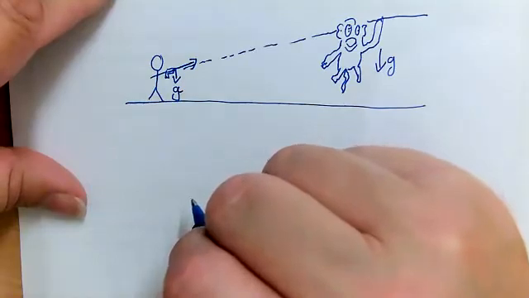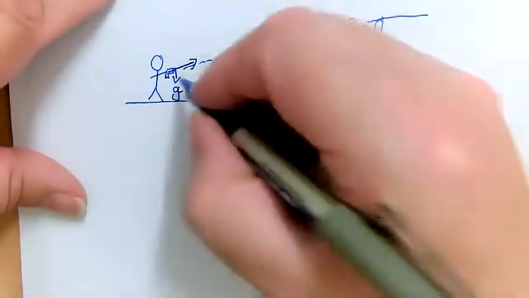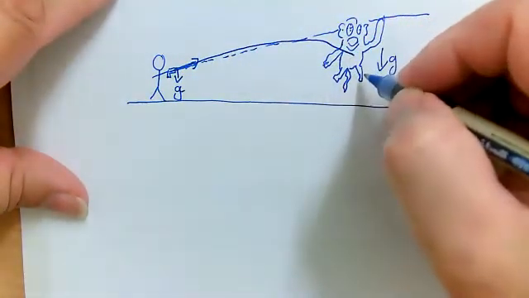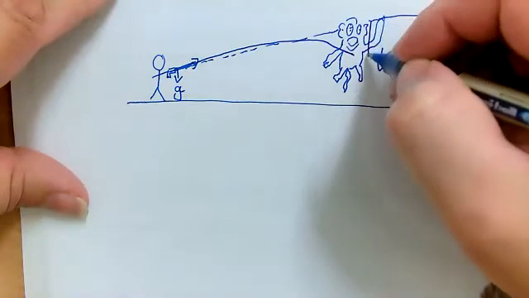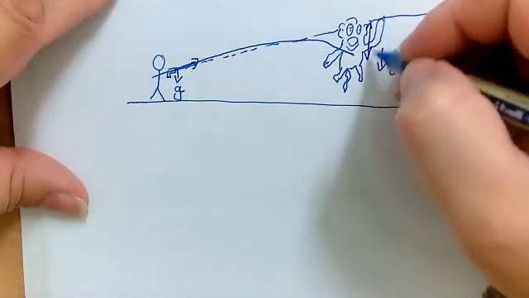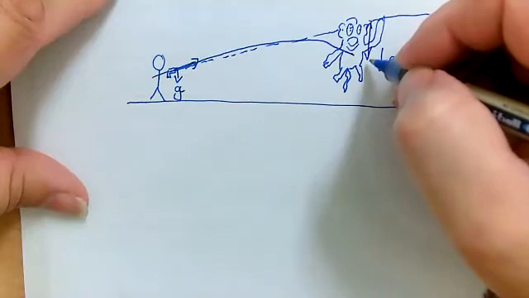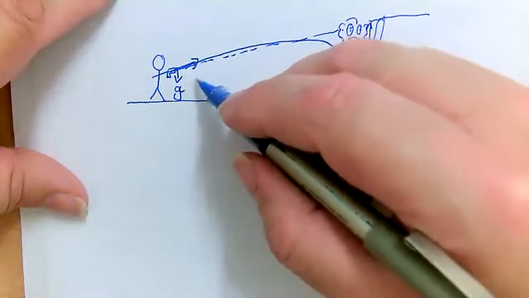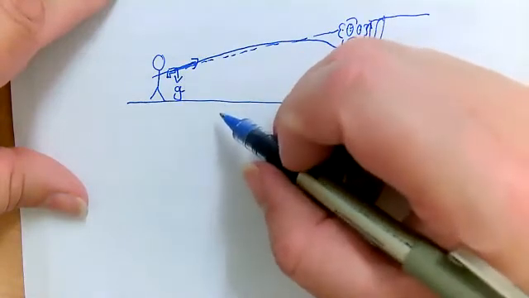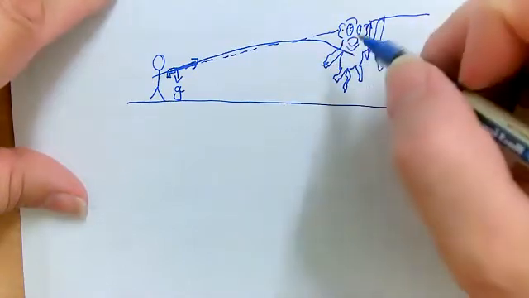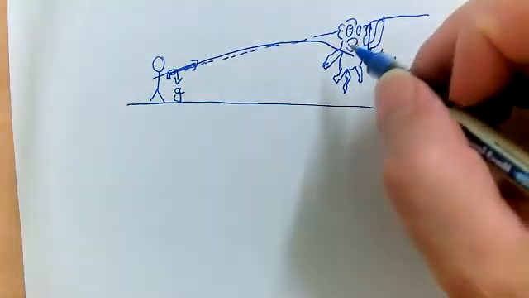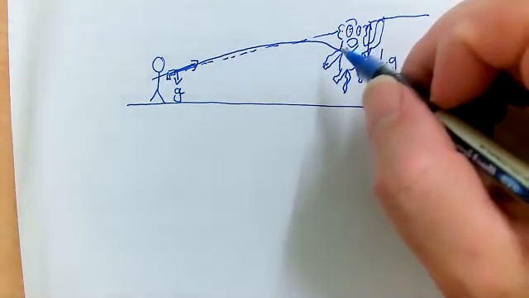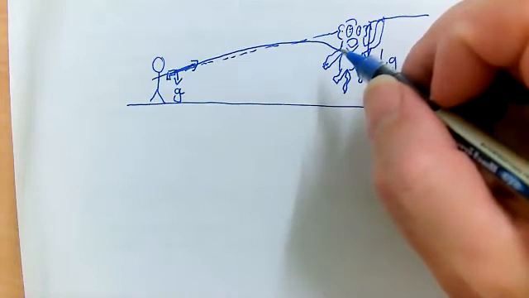So the bullet will follow its trajectory, which I haven't drawn very well, and the monkey will accelerate downwards the same distance, so the bullet will still hit the monkey. The horizontal component of velocity doesn't affect the vertical component of the velocity. It's why, if you want to fly, you have to use wings to create a vertical lift. You can't just fly by going very fast. That makes sense?